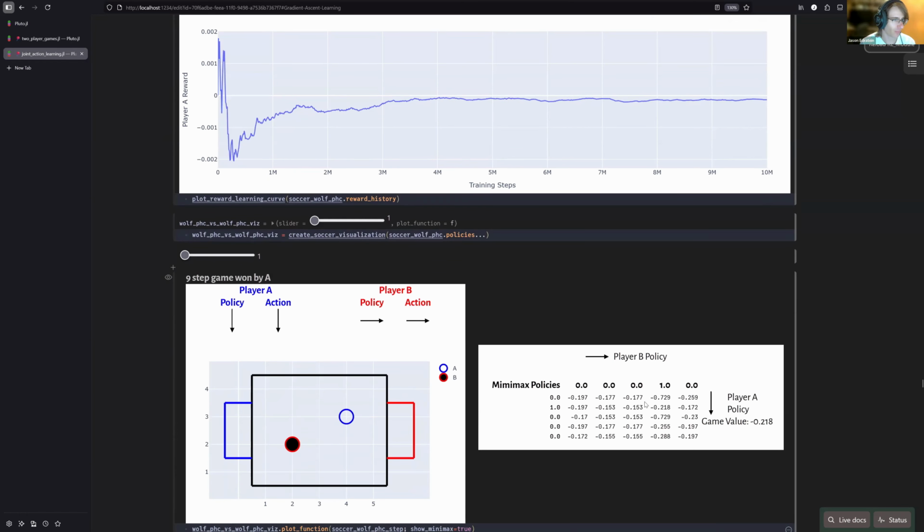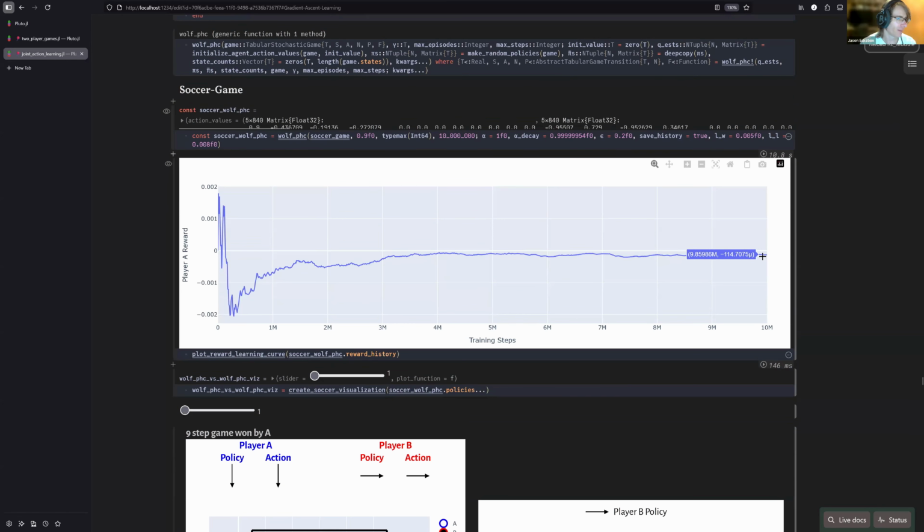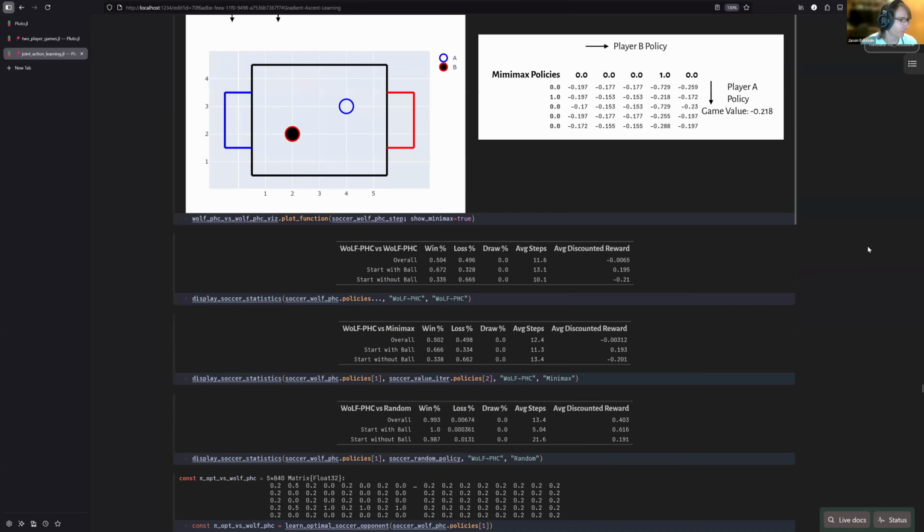They sort of abandon this example later in the book, but you should be able to use this same WoLF, right? This WoLF, win or lose fast, policy hill climbing. And you should be able to use it for the soccer game. Here, we appear to have converged to a value pretty close to 0, which is hopeful for equilibrium.